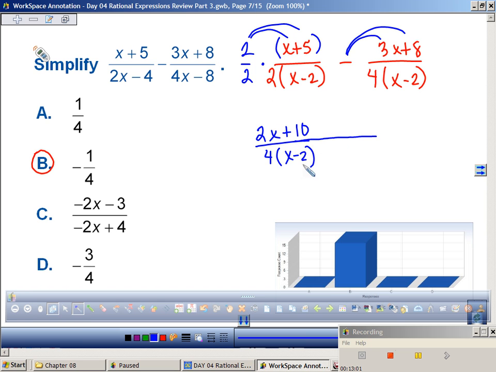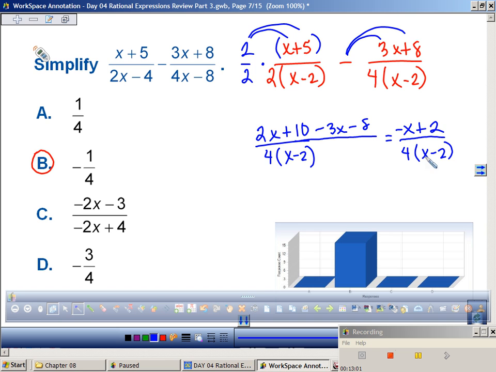They're both the same denominator now? Yeah. Are we okay with that? Yeah. And negative 3x and negative 8. 2x minus 3x is just negative x plus 2 all over 4 times x minus 2.